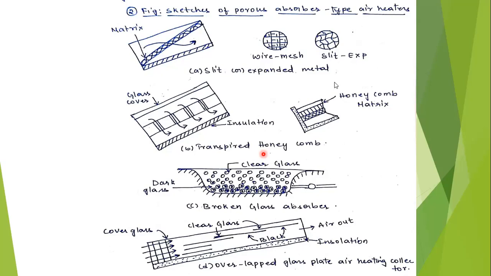So in the first figure A, you are seeing wire mesh and slit expanded metal. These are the two types of matrix used here. Some metals are used, and wire mesh is used as a matrix.